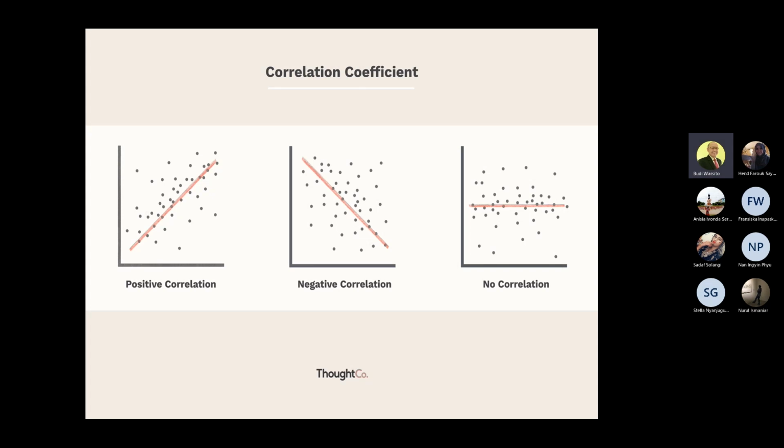and we can see from the picture that there are three pictures. We have two variables, and this is the pair of data, in the horizontal axis and vertical axis.